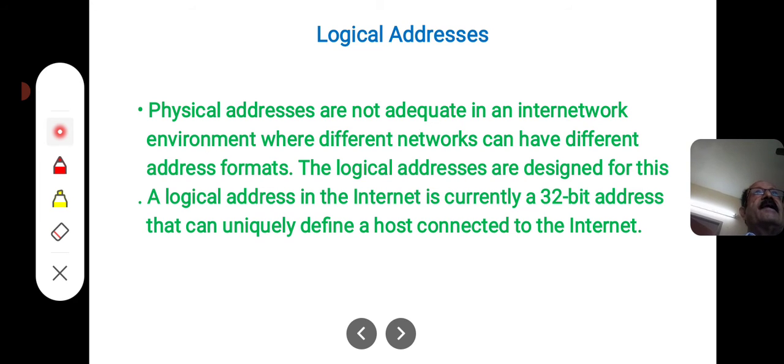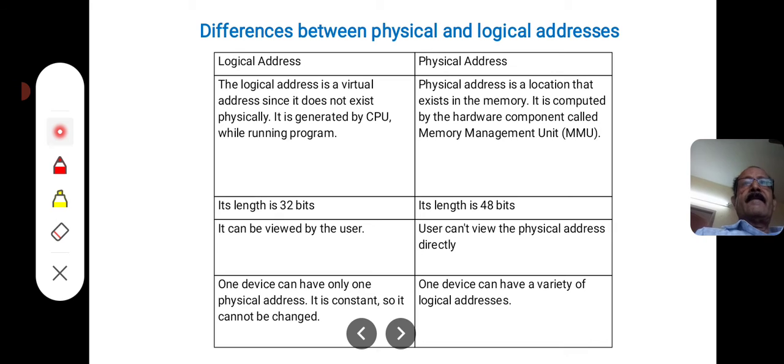You are connected to the internet, and that connection is identified. Within that network, again, the physical address is to be used. The logical address length is 32 bits. We are considering IPv4 addressing here. In IPv6, it is 128 bits. Differences are included in the table.